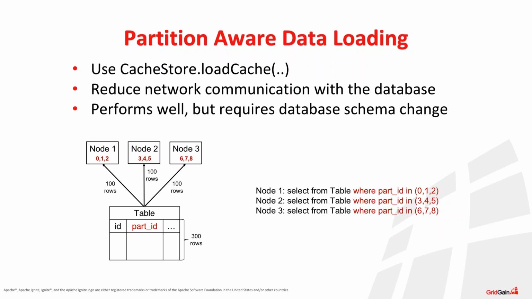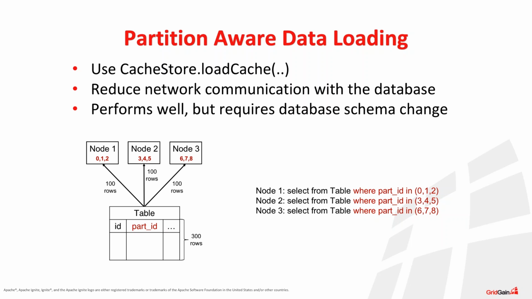Probably it's not a problem when there are only 3 nodes, but if you have 100 nodes, it can be a big problem. It looks like a lot of redundant work, and it's actually true. But there is a reason for that. Generally the cache store implementation does not know how to select only those rows that will then be stored on the local node. And so the cache store is forced to load everything and then filter out locally.